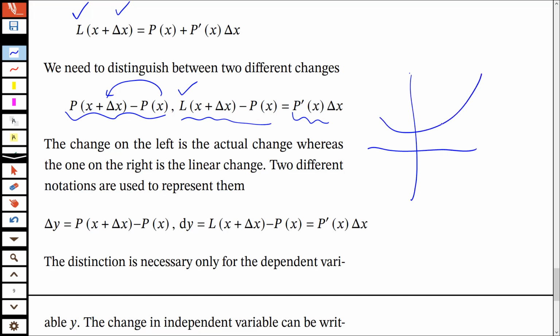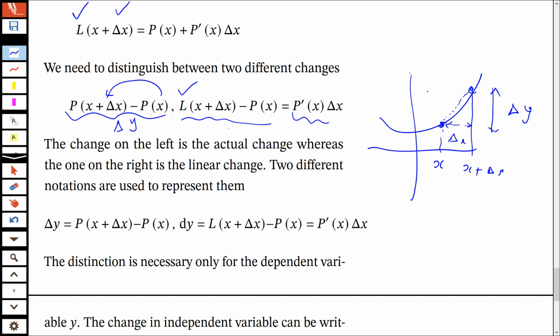So if this is my function, this is x, this is x plus delta x. There are two changes. One is the change as I go from this point to that point. So this is delta x, and that will be delta y. This is delta y basically. But this is not delta y.